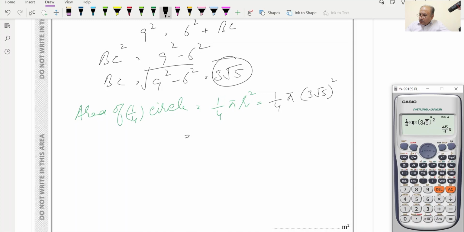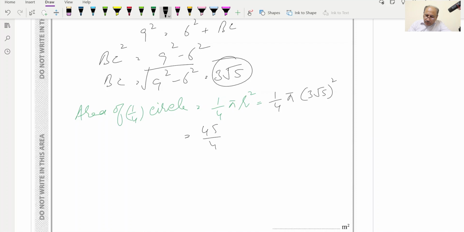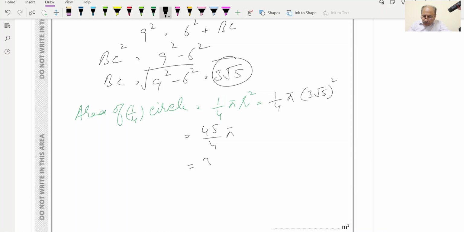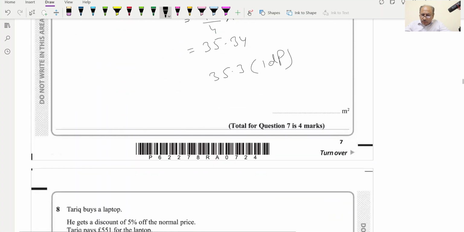This will be equal to 45 by 4 pi, and in terms of decimal, the answer will be 35.34. So 35.3 to 1 dp. This will be the final answer, meter square.